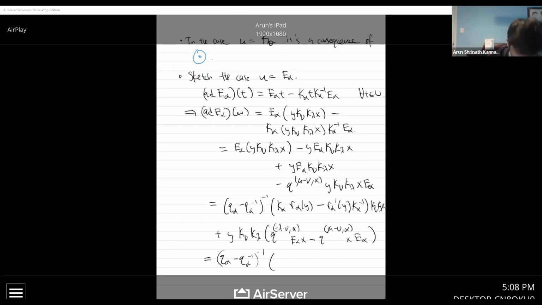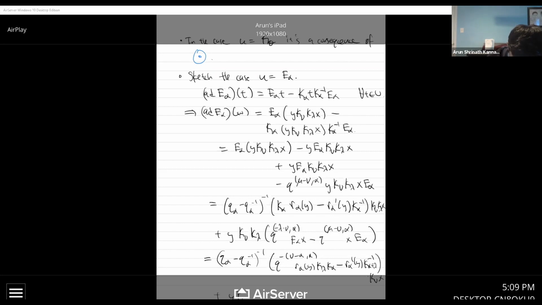So when you commute the k alpha past the r alpha inverse, this ends up becoming q to the minus nu minus alpha r alpha of y k lambda k alpha minus r alpha prime of y k alpha inverse k alpha inverse plus lambda times k nu x. So that's the first term, and then the second term stays the same.